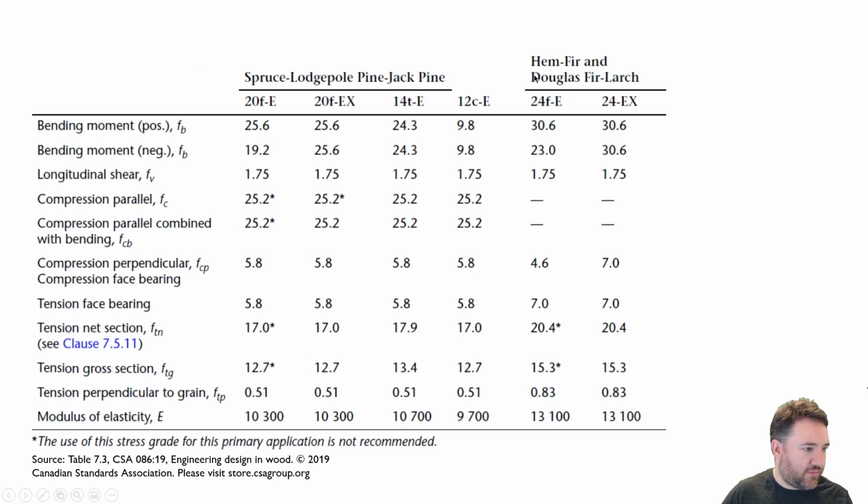If I come over here, hem-fir and Douglas fir larch, which is a separate grade, they're separate species, 20 FE, if I read down, I see compression perpendicular for compression face bearing is 4.6, but for tension face bearing is 7.0. That's because they're using a weaker grade of lumber for the top surface of the glulam beam, for a beam that is only bending in one direction.